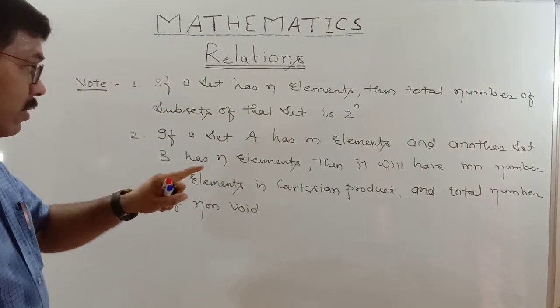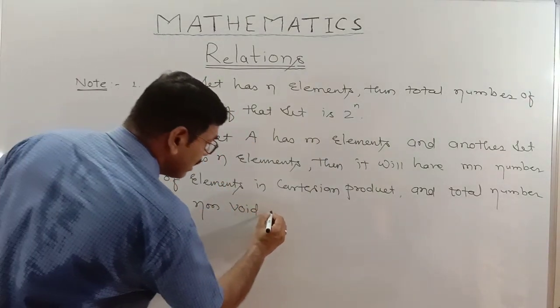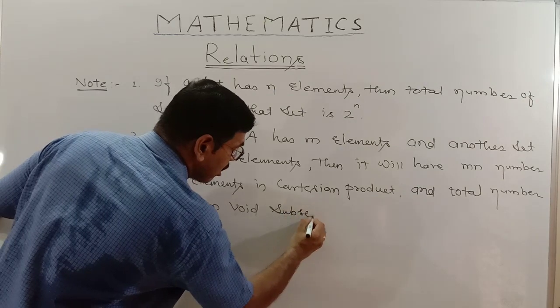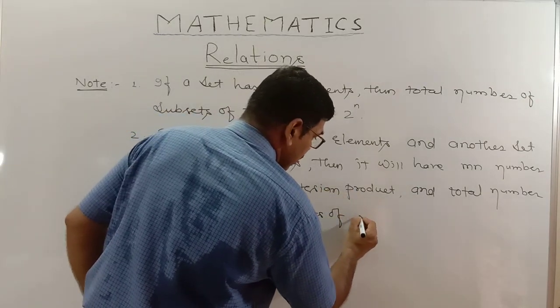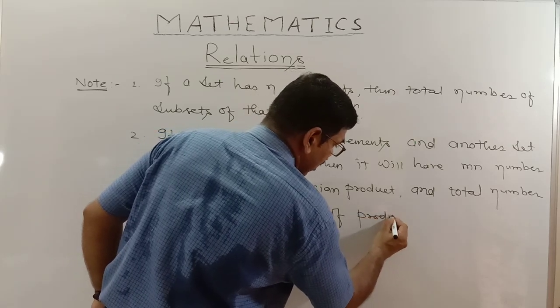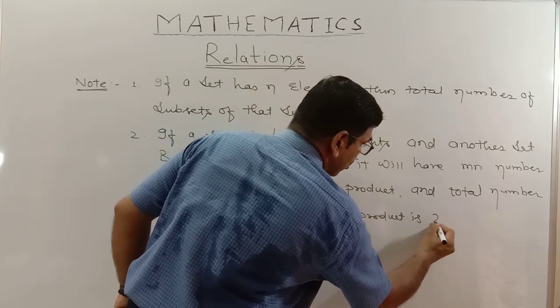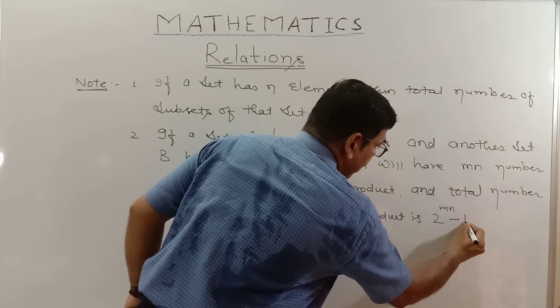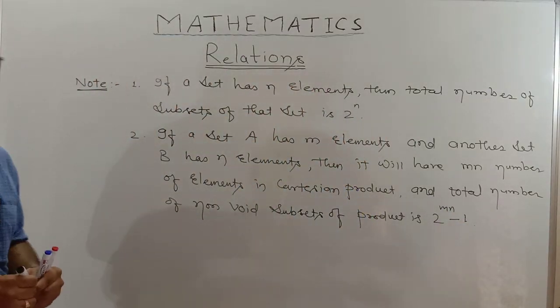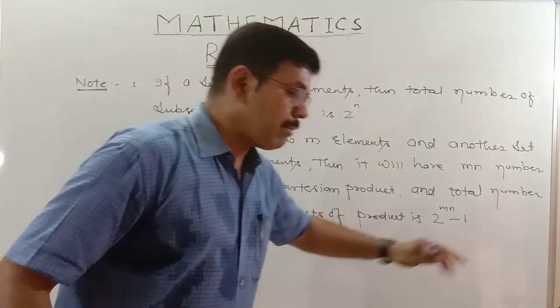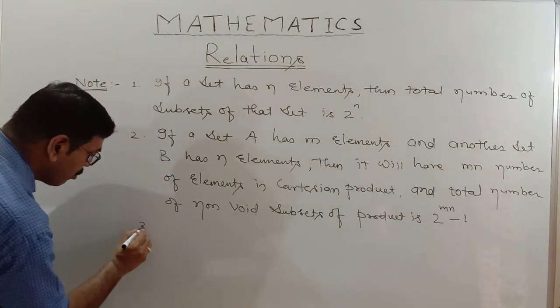So here the total number of non-void subsets of the product is 2 to the power mn minus 1. So these many relations are possible: 2 to the power mn minus 1 relations are possible.